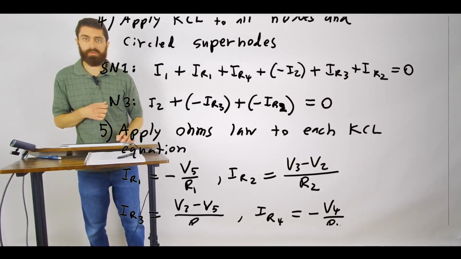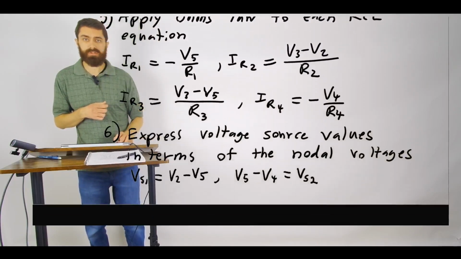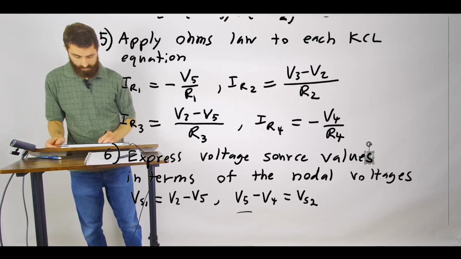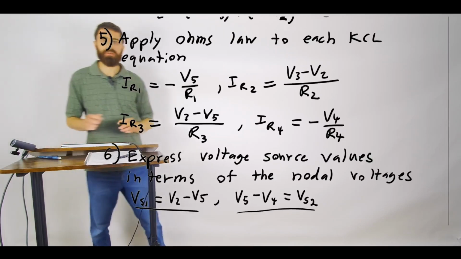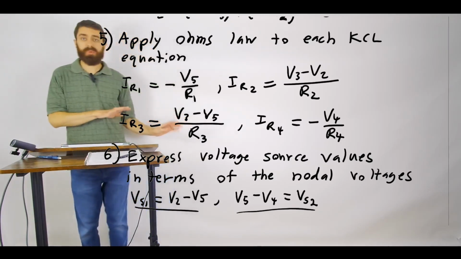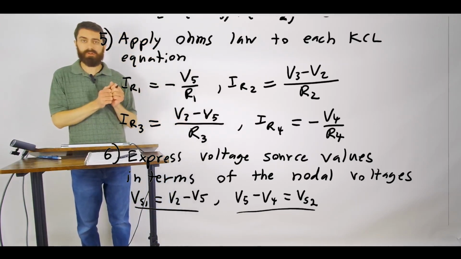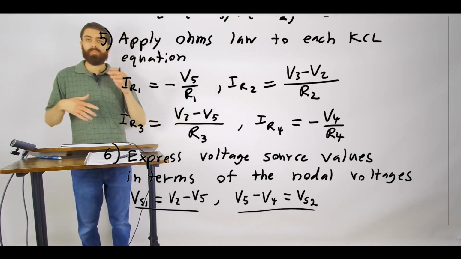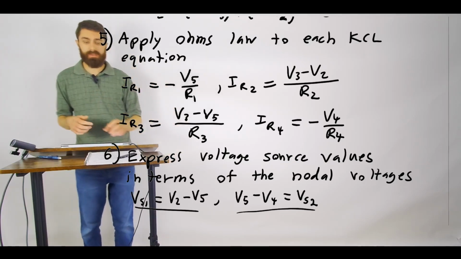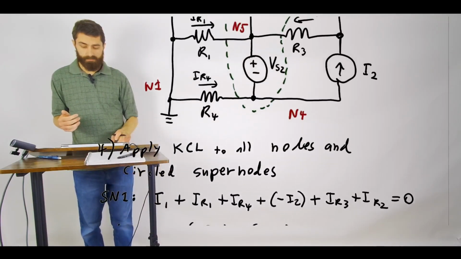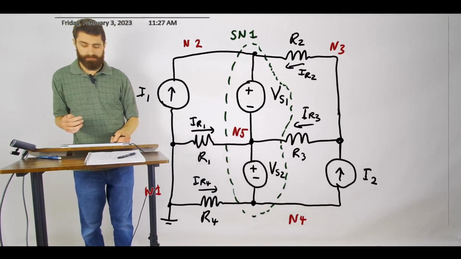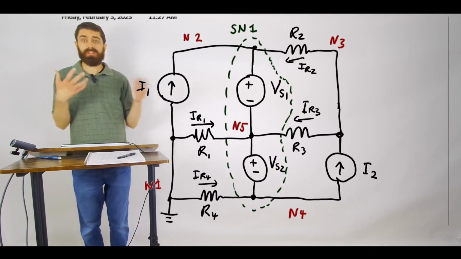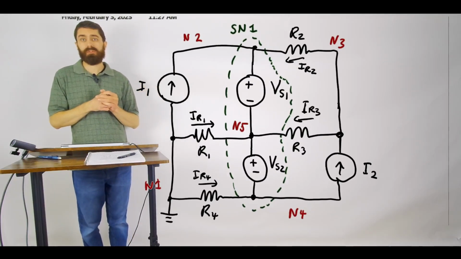We've got our 2 KCL equations, and then we have our 2 source voltage equations. So we've got 4 equations, 4 unknowns. It's a matter of then you can plug and chug and put this into matrix form and then solve for the nodal voltages. And so that's how we can solve this circuit.